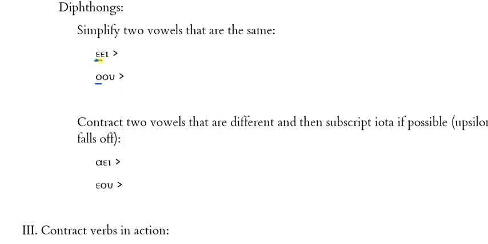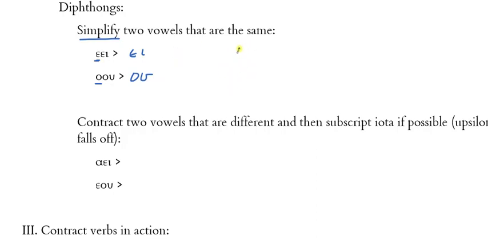So if I have an epsilon meeting an epsilon iota diphthong, what will happen? This is a process called simplification. I will simplify the two epsilons into one. So this is just going to become an epsilon iota. Okay? If I have an omicron meeting an omicron upsilon, we simplify the two into one, and we have omicron upsilon.